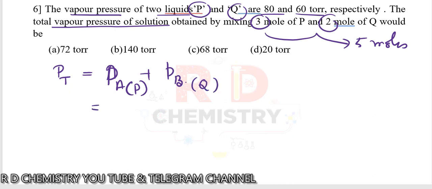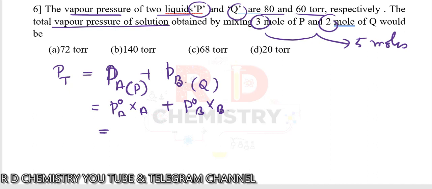Okay, how to calculate partial pressure? Partial pressure is equal to P naught of A into XA, correct? The vapor pressure in the pure state into its mole fraction. So this side also P naught B into XB, correct.